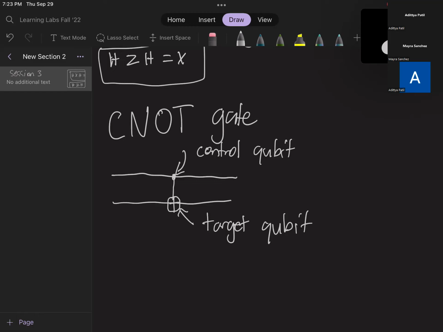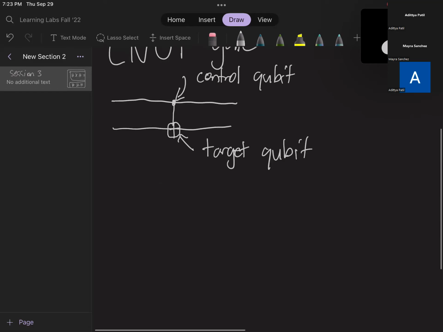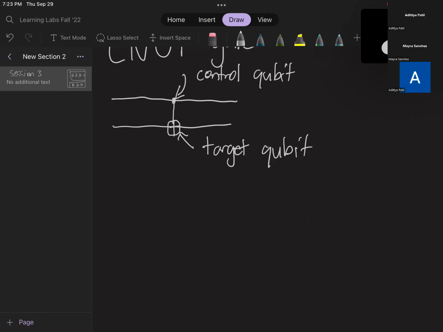First we're going to explain in plain simple English, and even as a pseudocode program, what exactly it does. Say for example we have our control qubit. This is the qubit that controls the target.